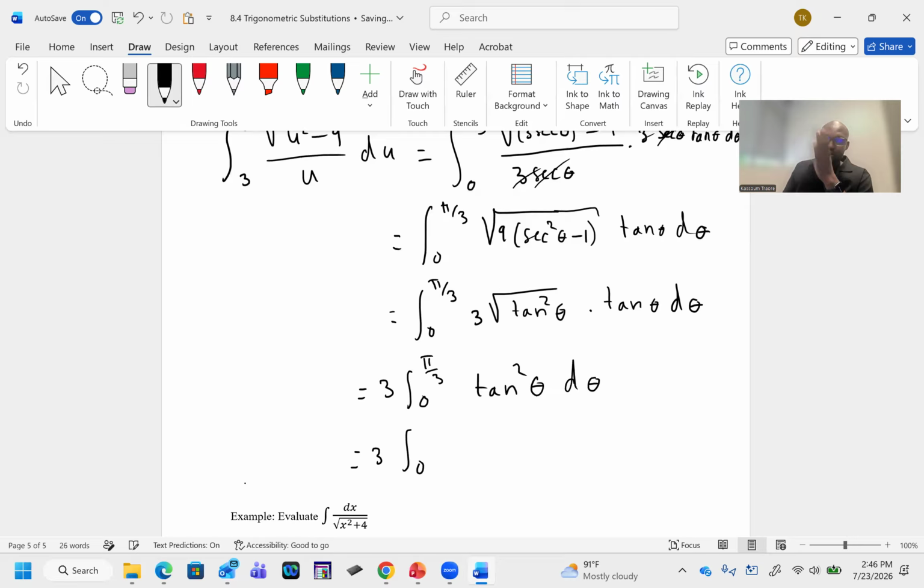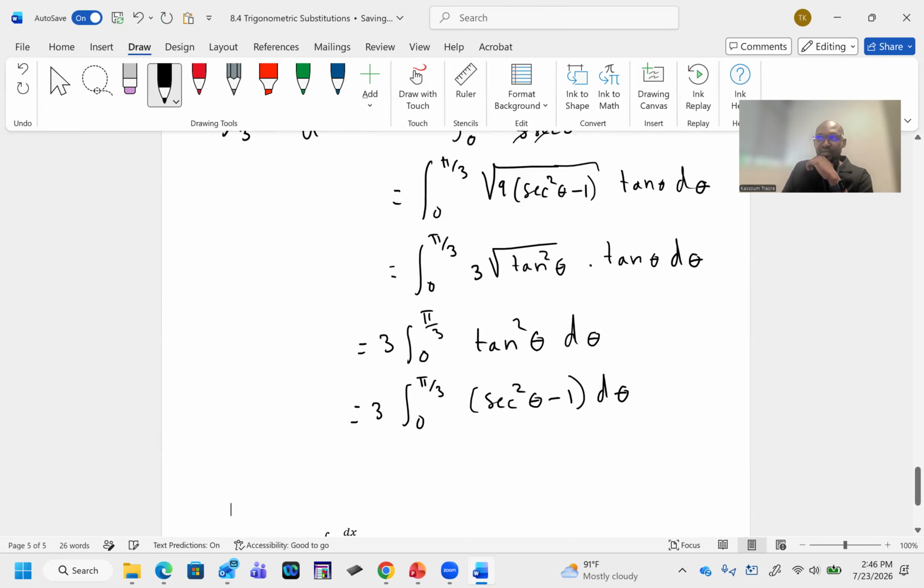You can use the power reduction for tangent as well, but using the identity makes it easier to integrate because we already know the integral of secant squared theta, right? What is the integral of secant squared theta? That is tangent theta.